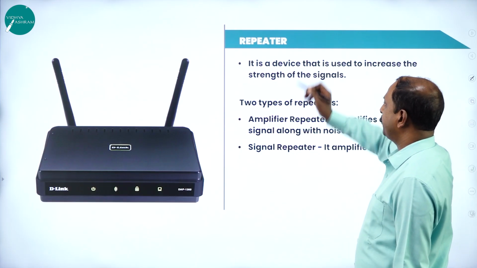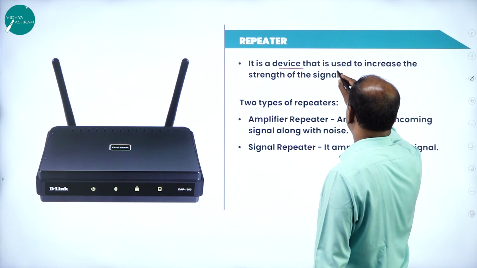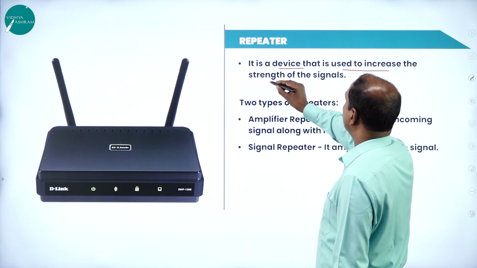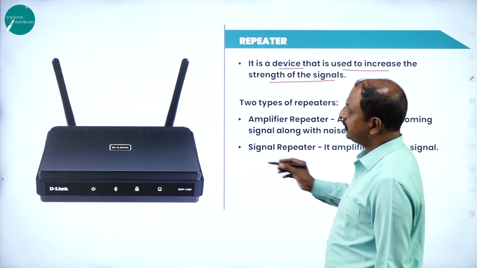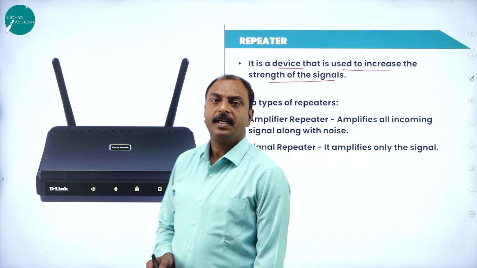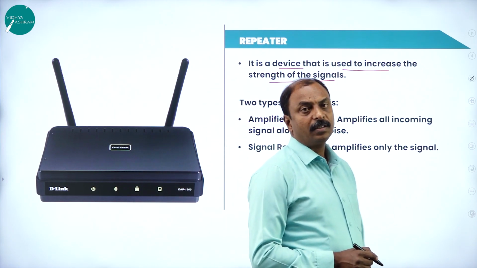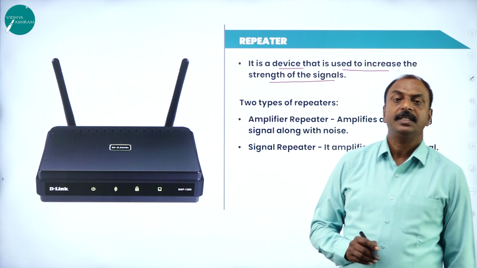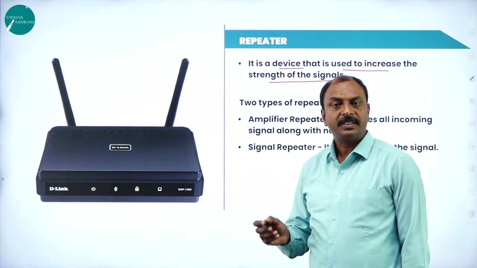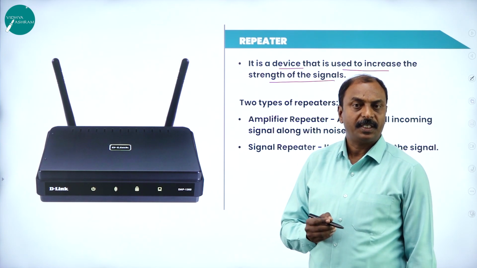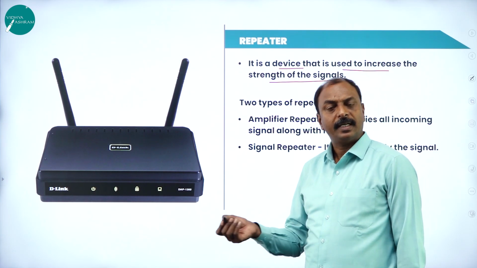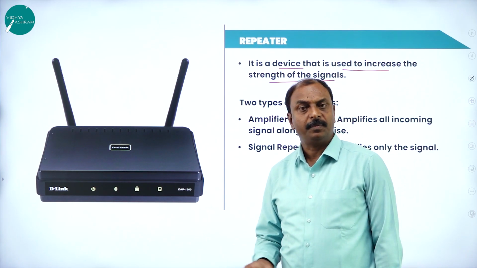Next one is the repeater. A repeater is a device that is used to increase the strength of the signal. This is what you have generally seen in linear bus topology. In bus topology, all the devices are connected to a central transmission medium, and all the signals travel from one end to another through the transmission medium.